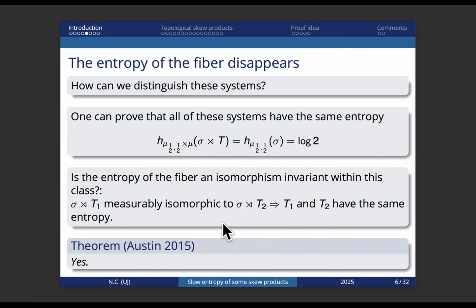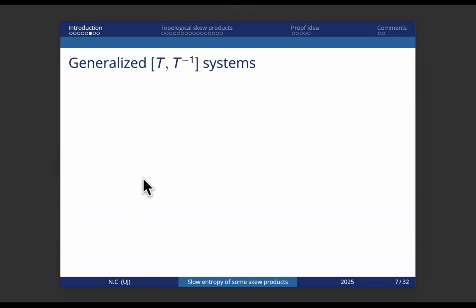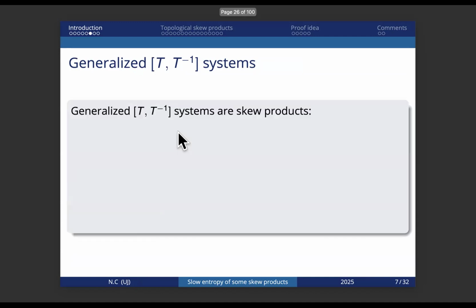And then, after we know that this is true, we of course want to know more things. So now I will define something called generalized T-inverse systems. Essentially, we now take something general in the base instead of the Bernoulli shift on symbols 1 and -1.